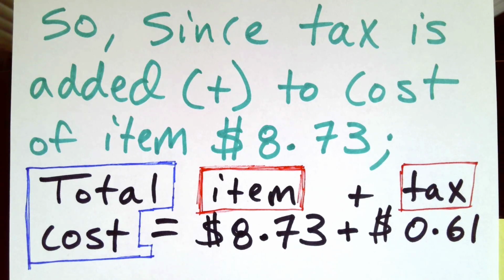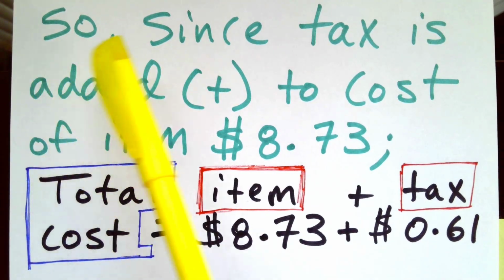All right, welcome back to the part 3 video and answering that second test question. What is the total cost of a pair of socks with a 7% tax, and the socks cost $8.73 pre-tax?